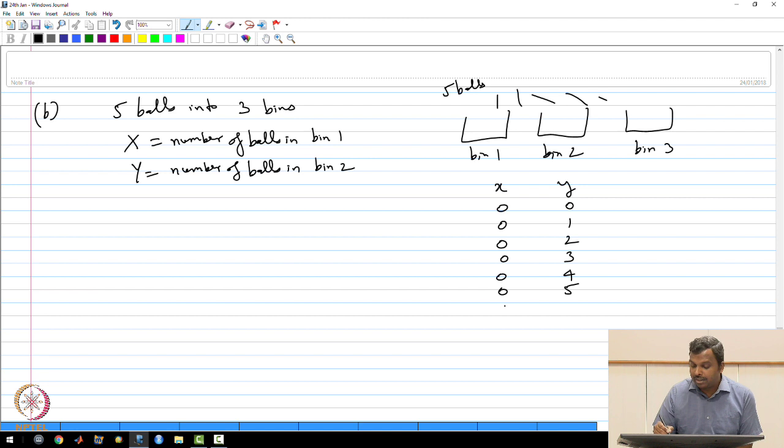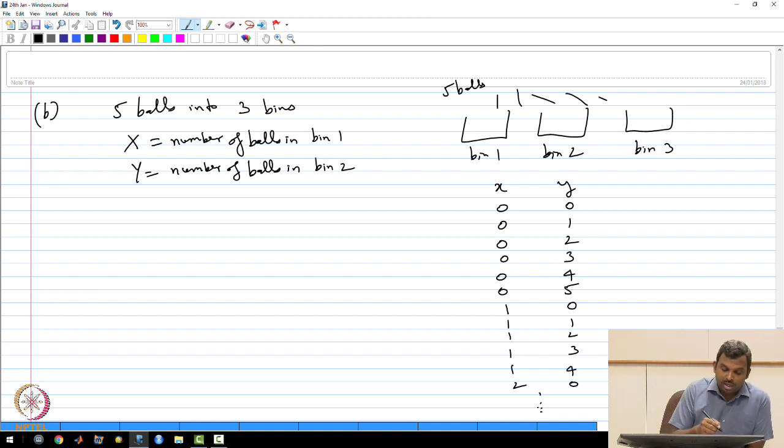Now if x is 1, y could be 0, 1 is possible, 1, 2 is possible, 1, 3 is possible, 1, 4 is possible, 1, 5 of course is not possible. So x is 2, 0, so on. So the number of possibilities is a bit too much. You could enumerate. I'm not saying it's impossible, but the number of cases just starts blowing up a little bit too much. So you'll have to use some more clever ideas. You'll see how to go about it.